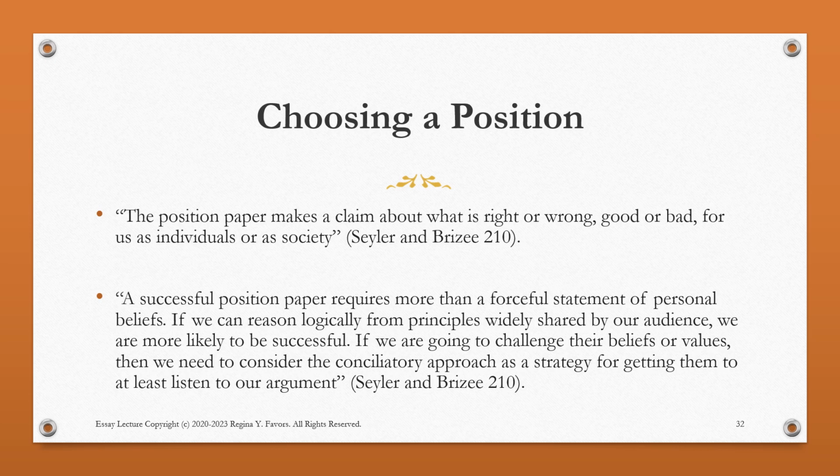If we can reason logically from principles widely shared by our audience, we are more likely to be successful. If we're going to challenge their beliefs or values, then we need to consider the conciliatory approach as a strategy for getting them to at least listen to our argument. So it just depends on what you are proposing and choosing as a position within your paper.